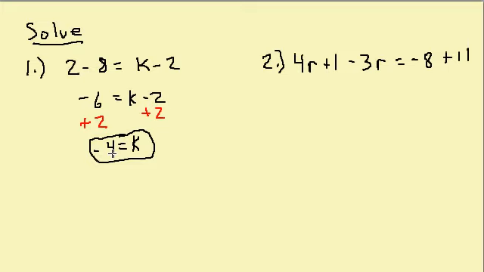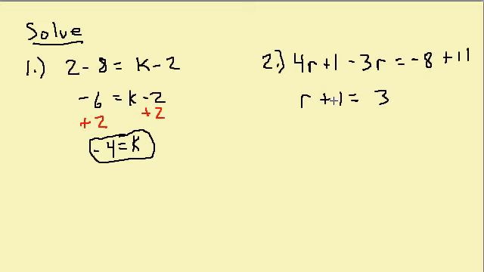The next problem, same thing. We want to combine all like terms. So over here on the left hand side of the equal sign, we have 4r and minus 3r. So 4r minus 3r is just r, and then plus 1 equals, and then negative 8 plus 11, that's going to be 3.